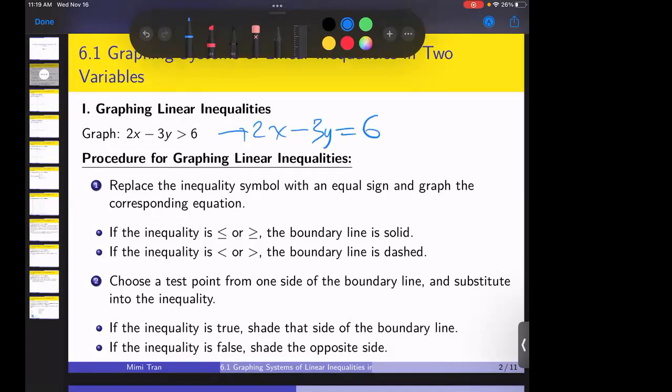What kind of graph do you see? Is it a linear equation? So what kind of graph is it? Yeah, it's just a line, right? And all the points on the line are solutions of that equation, right?